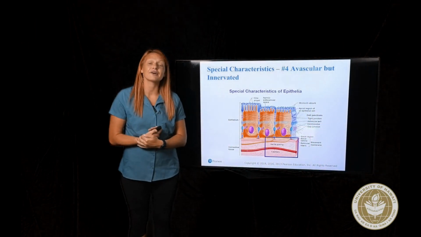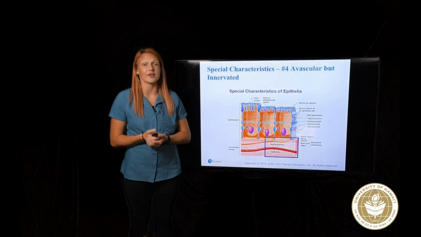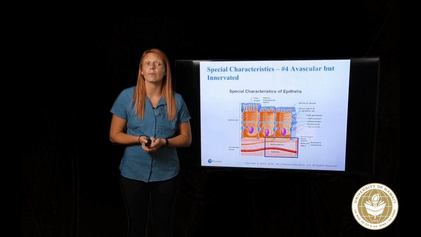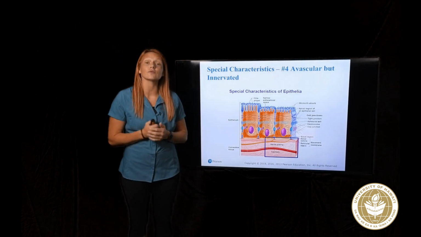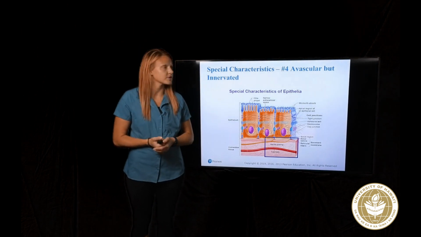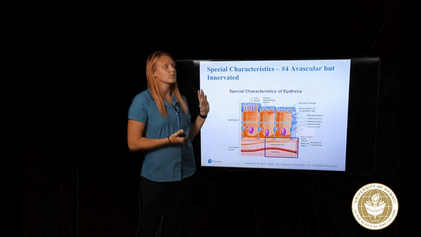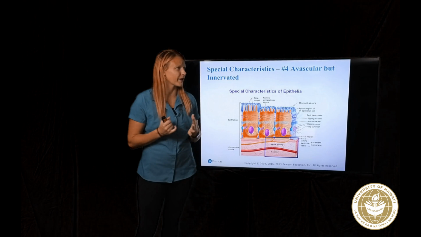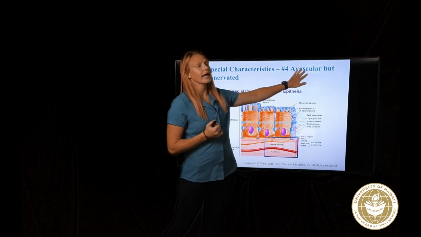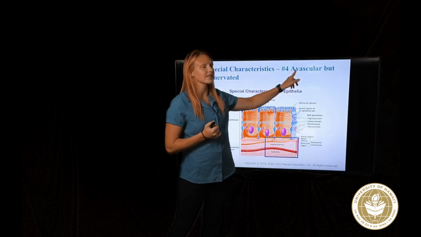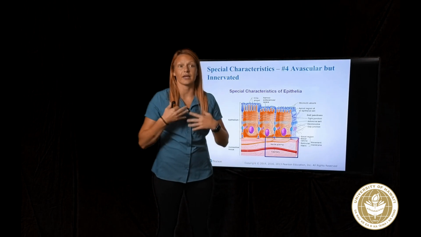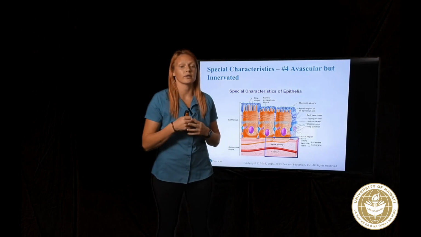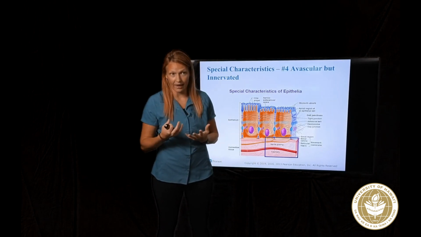Okay, going back now to those characteristics of epithelial tissue, we are on number 4. The fourth characteristic of epithelial tissues is that epithelial tissue is what we say avascular but innervated. So what does this mean? Let's break it down. Anytime you see A in front of something, it means kind of like no, or that it doesn't have it.